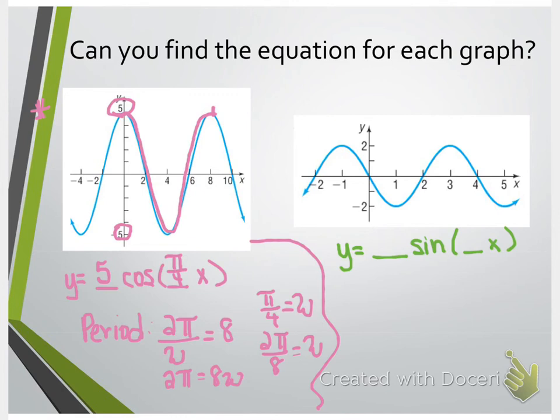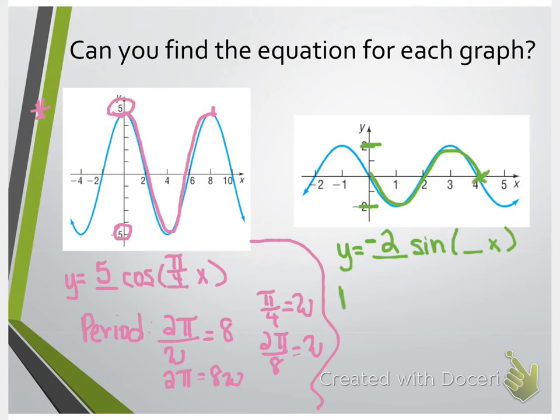It goes up to 2 and down to 2. And isn't it going backwards from the way our others were doing? This one starts by going down. So the amplitude is 2, and then it has a minus in front of it because that thing is flipped over. For the period, notice it takes until you get to 4.